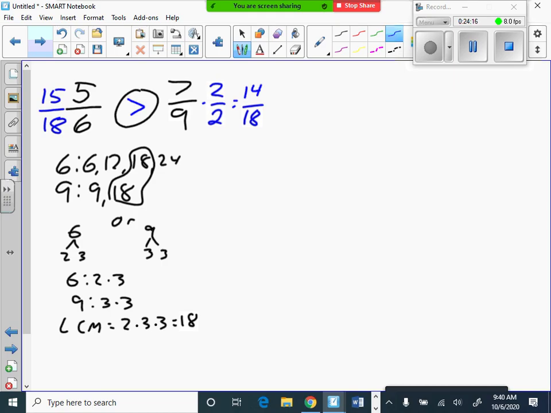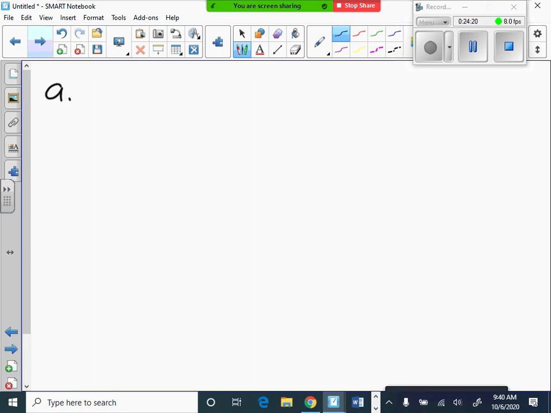So let's go with A. Practice problem A says 3/5 compared to 7/10. Now I'm going to look at the directions to see if there's anything they need me to show. It says write the fractions so they have common denominators, then compare the fractions. What number does 5 and 10 both go into? 10.